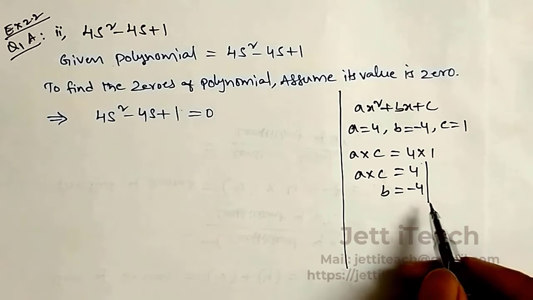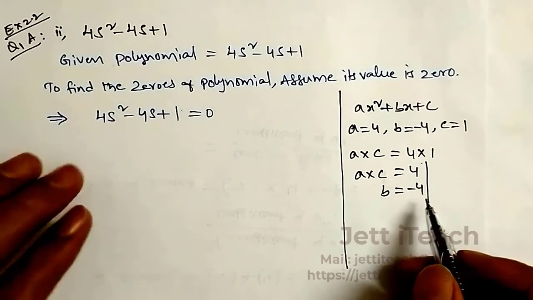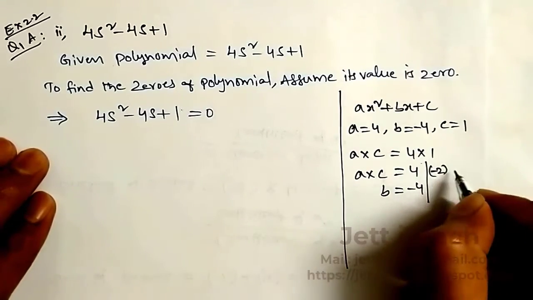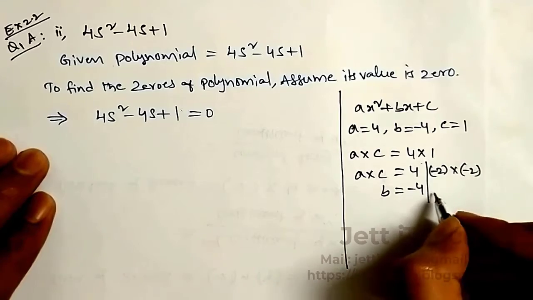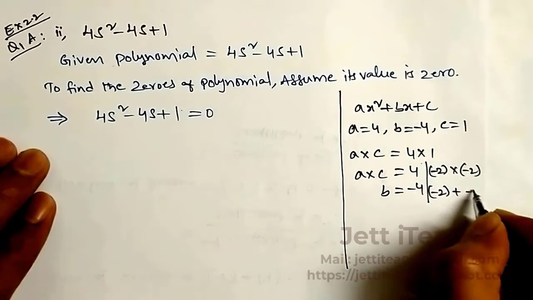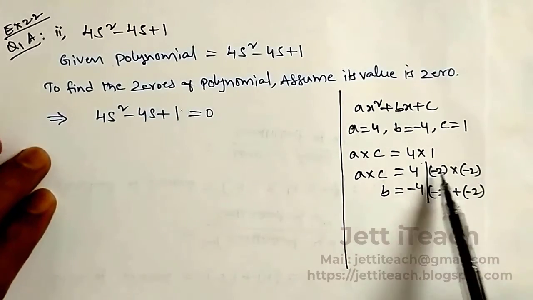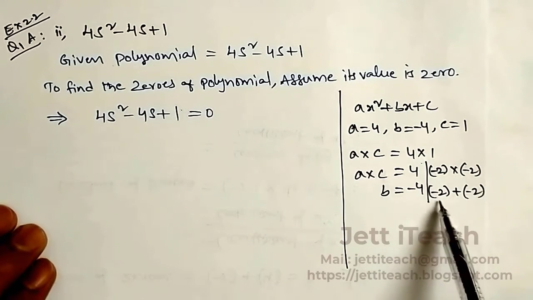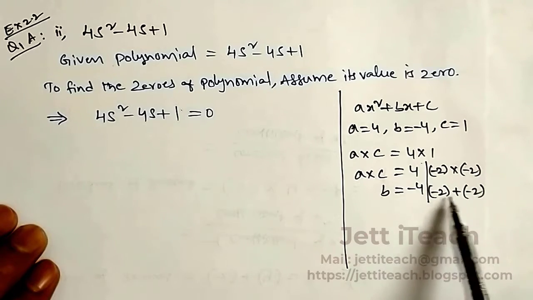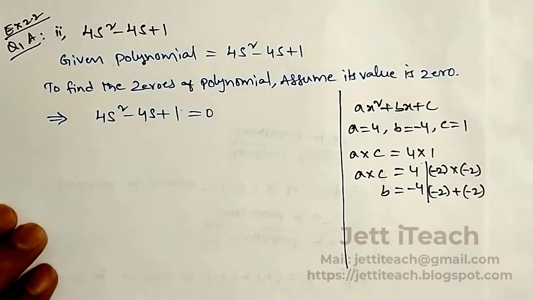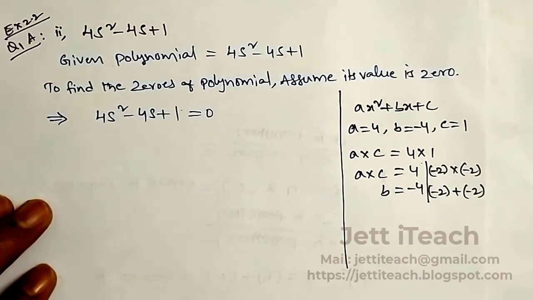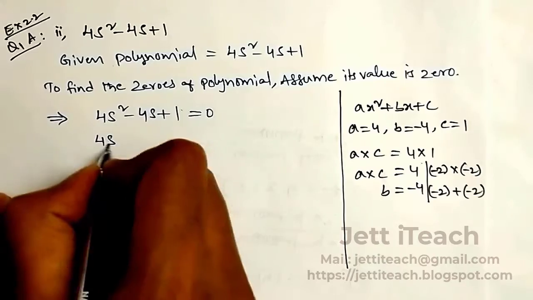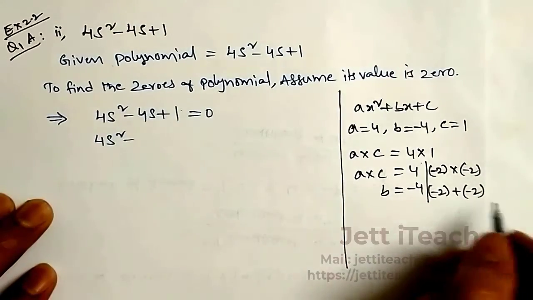If I write minus 2 into minus 2, yes, I can get 4, and minus 2 plus minus 2, I will get minus 4. Okay, I will write now 4s square equal to minus 2 into minus 2, right?